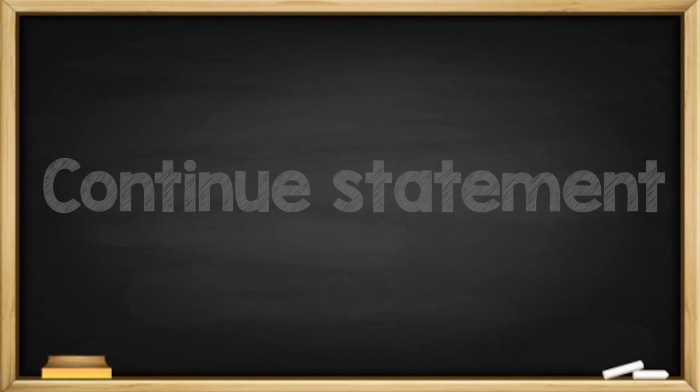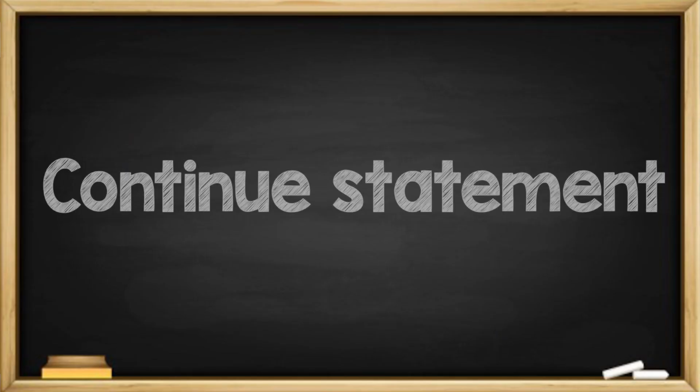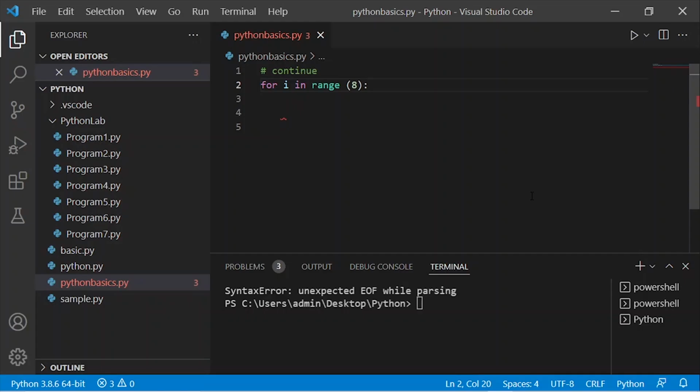Once the value of i is equal to 5, it breaks the loop and comes out of the loop. Now let's see how the continue statement works. Continue is used to stop the current iteration of the loop and continue with the next one. So it instructs the program to skip that particular iteration. So now I'll write one external condition.